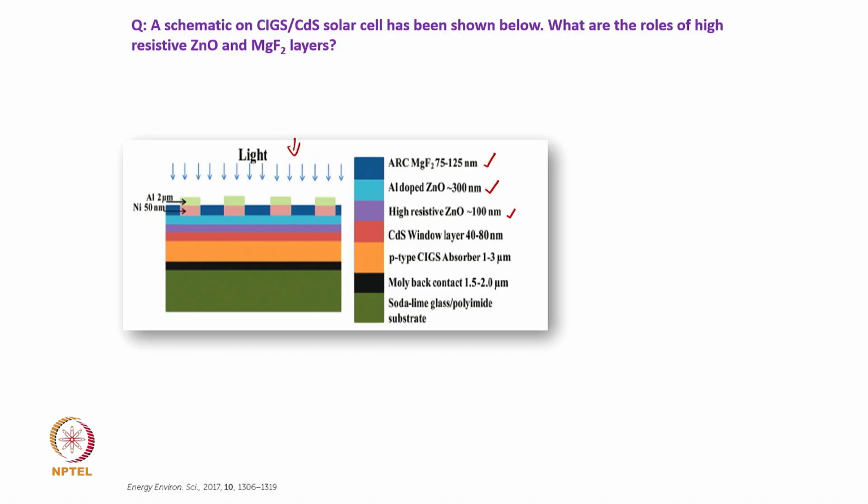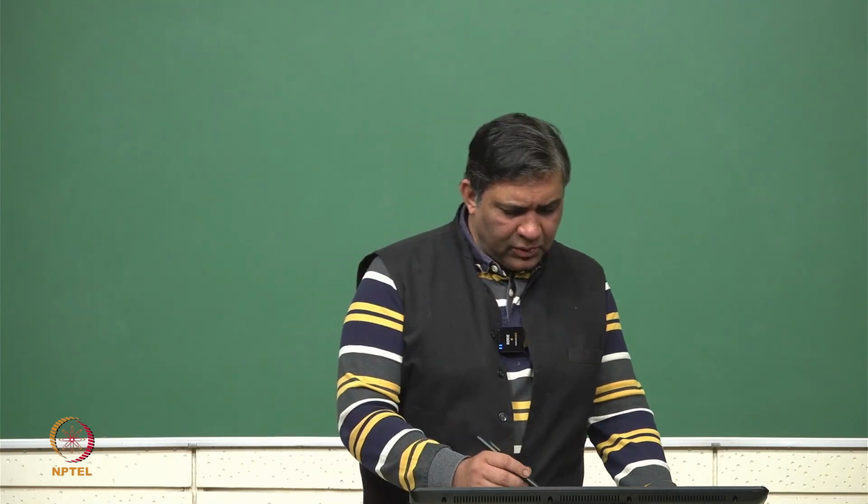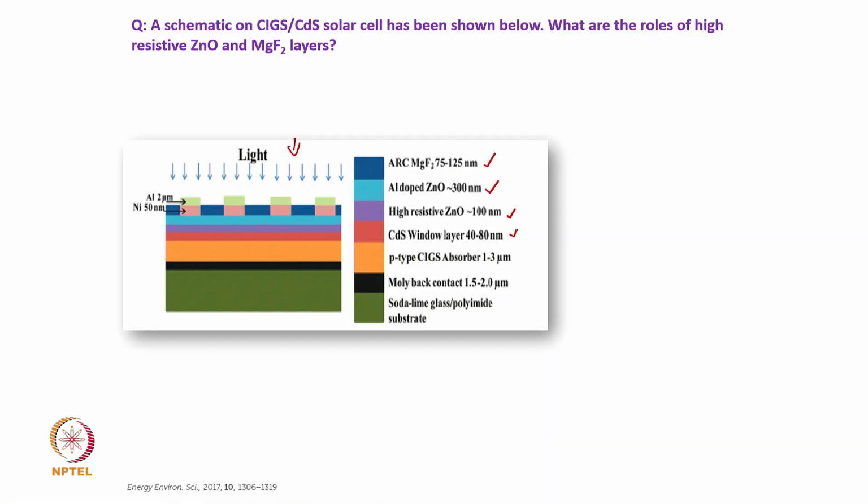I told you that because these are all thin film configurations, there is always a chance to create a shunting path with the TCO and your layers where the semiconductors are used, and that disturbs the solar cell or disturbs the electrical transport, and therefore a high resistive ZnO of 100 nanometer is grown.